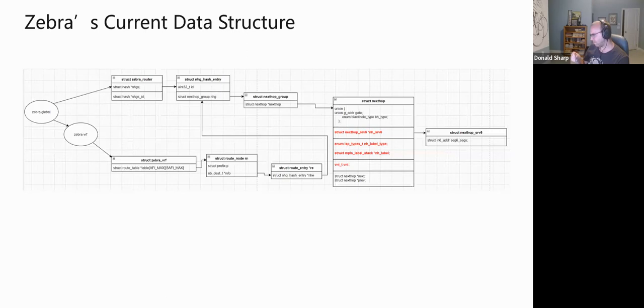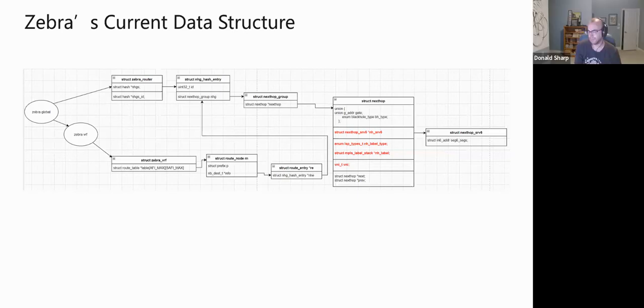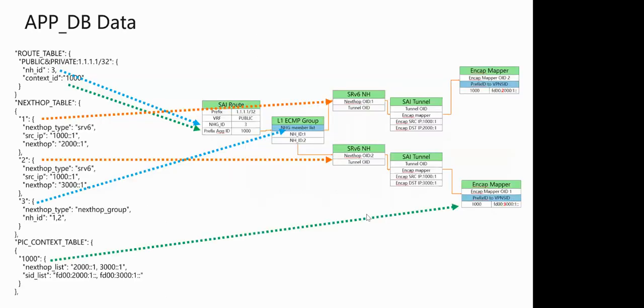And for EVPN, the SAI API allows us to create the next hop, but then the SAI internally resolves it for the level 2. We don't need to create a forwarding chain to say level 1 over level 2. It's basically inside of the SAI, right? Exactly.